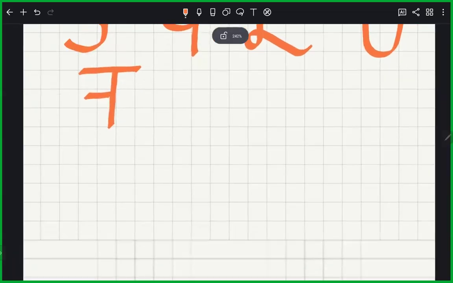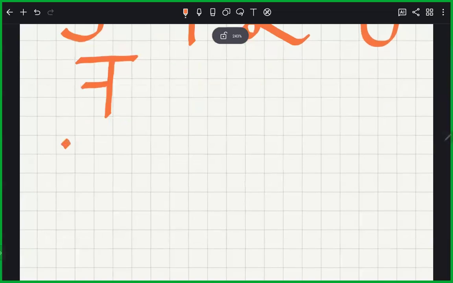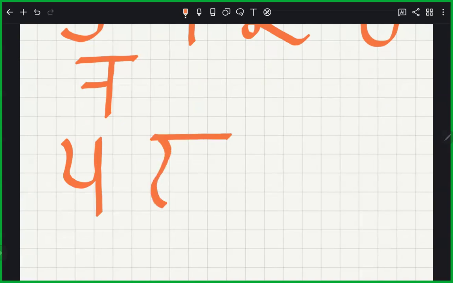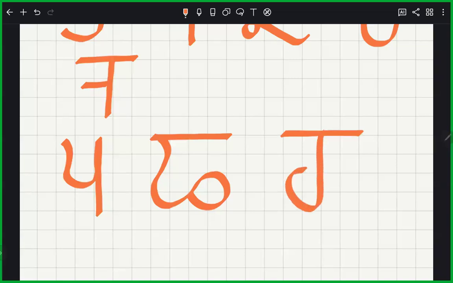The next one was Pa, the smaller curve without the Shirorekha. Then Pha, little curve, get it all the way up, make a round, and Pha. Ba from the center of the Shirorekha, getting it all the way in the middle of this vertical line.